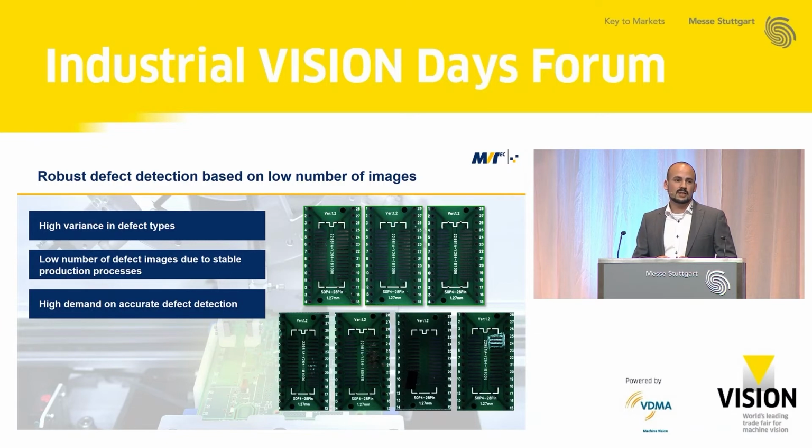So it is very difficult to generate a high number of defect images, as you don't have a high number of defect parts. And usually, deep learning algorithms need a lot of images per defect class to be trained. Two challenges we had to overcome, besides, of course, the high demand on accurate defect detection in the semiconductor industry.